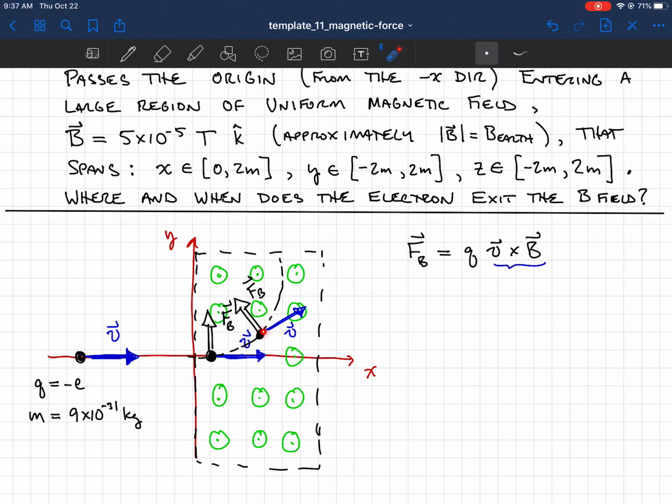Well, we just have to figure out what is the circle that this particle is traveling on, and what is the radius of the circle. And then we could draw it. Maybe it's going to look like this, maybe like this, something like that. But we should be able to figure out where it will enter and exit, because it will complete one part of a circle.